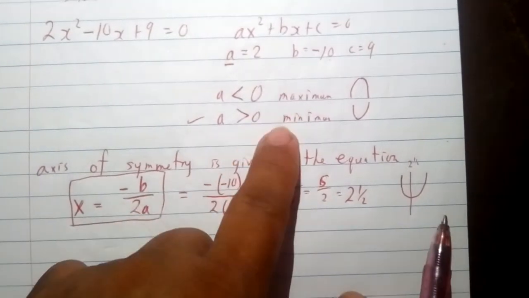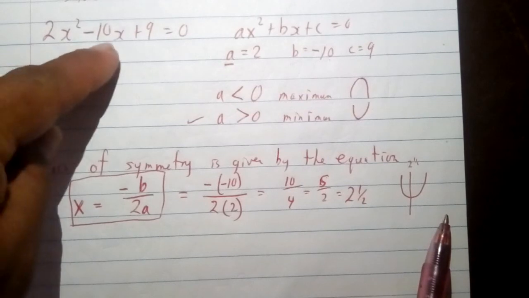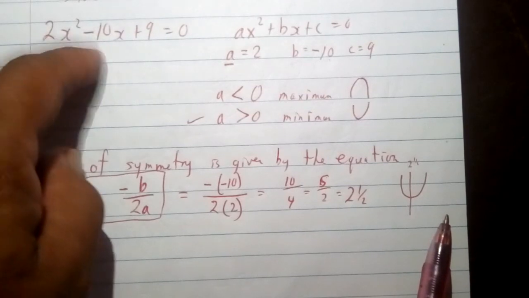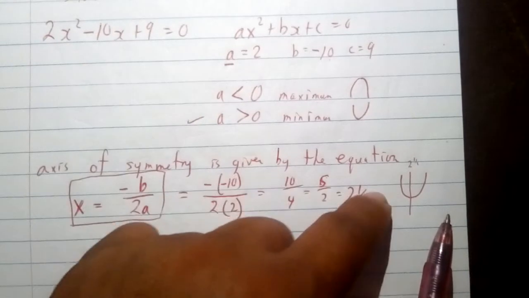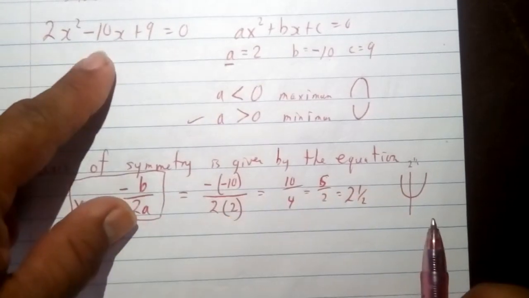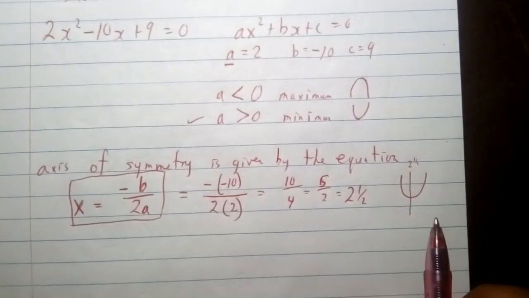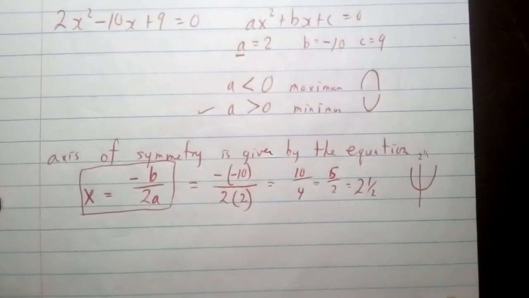And maximum or minimum turning point now leaves us to find the solution of x and y. Where does it cross the x-axis? This equation, from the looks of it, can't be factorized. All right, so we have to complete the square, or we can simply use the quadratic equation. Let's complete the square.